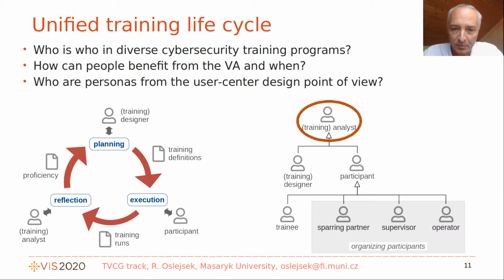All these participants can somehow benefit from the analysis of training, but not only direct participants of the training sessions are interested in the data. Another important group are designers of training programs, who invent the training content and who want to learn how much the training fulfilled their expectations. So, having such a classification of user roles, we could use them as personas for the specification of visual analytic approaches.